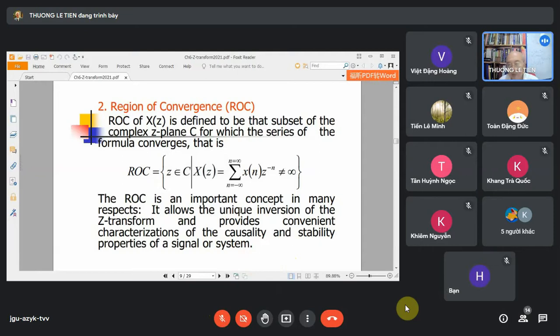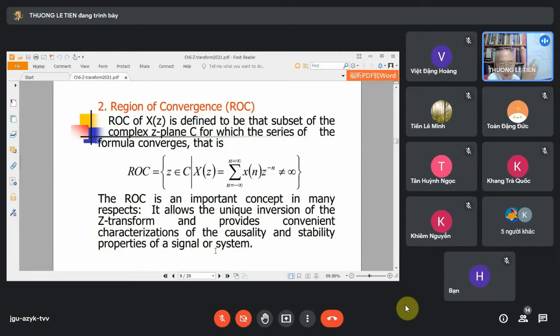This allows the unique inversion of the Z transform and provides a convenient characterization of causality and stability properties of signal systems. I just let you know already that in the case of causal or anti-causal, when we convert to the Z domain, we will get the same Z function.